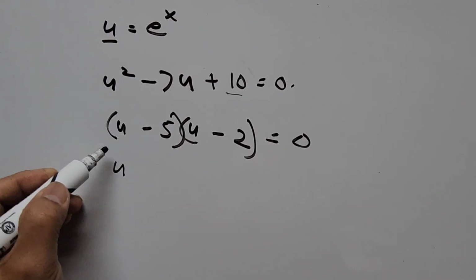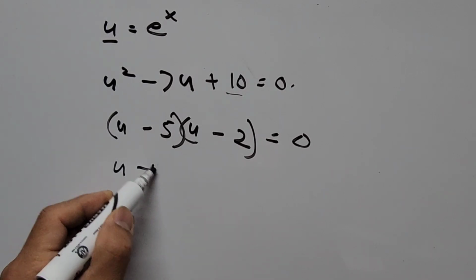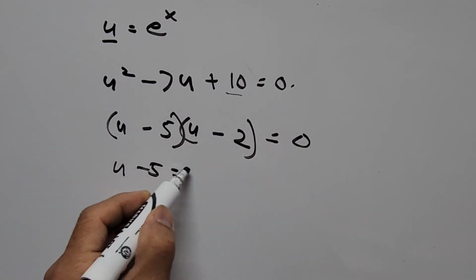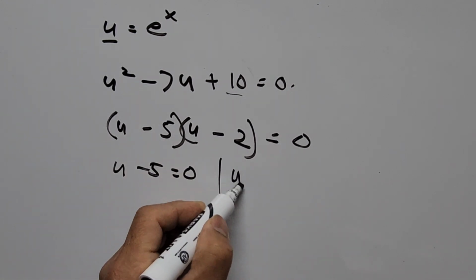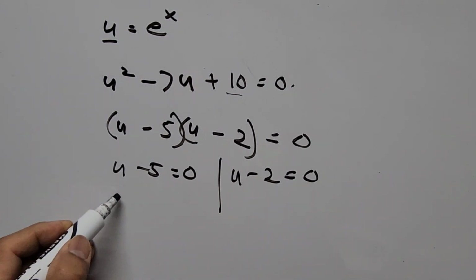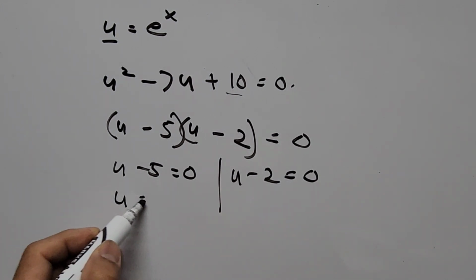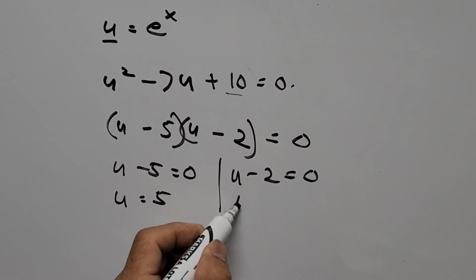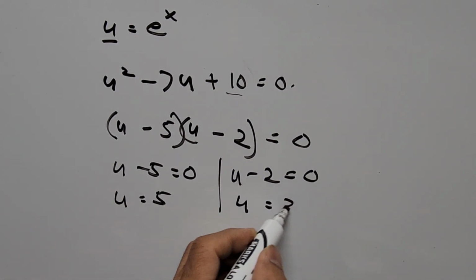The left factor, u minus 5, we equate to 0. The other factor, u minus 2, we equate to 0 as well. Finding the value of u, on this side u is equal to 5, and on the right side u is equal to 2.